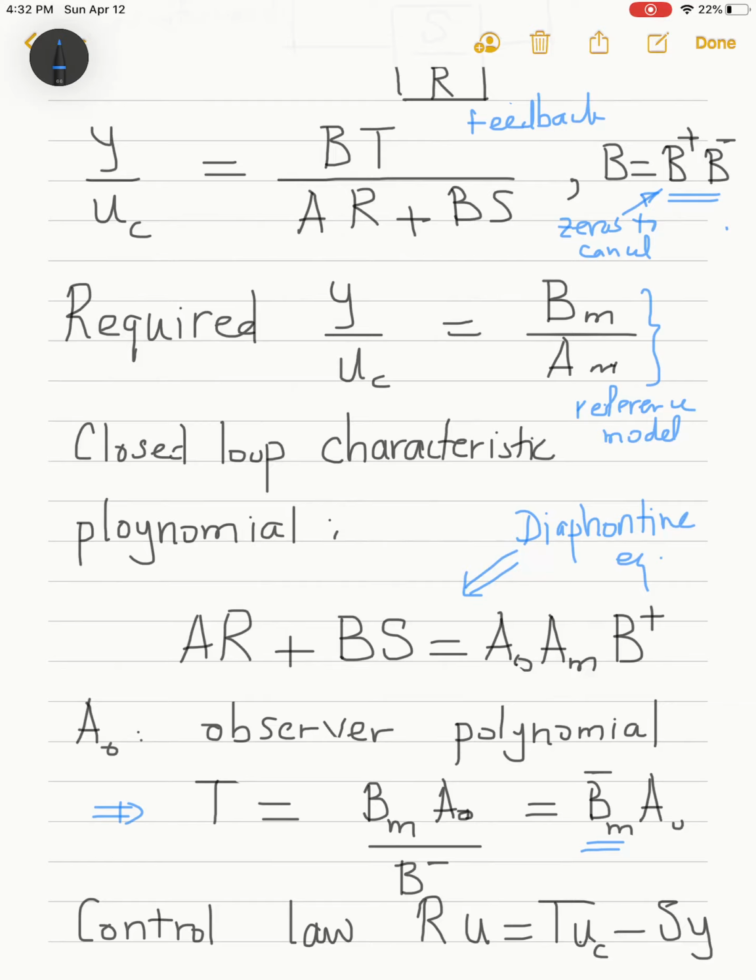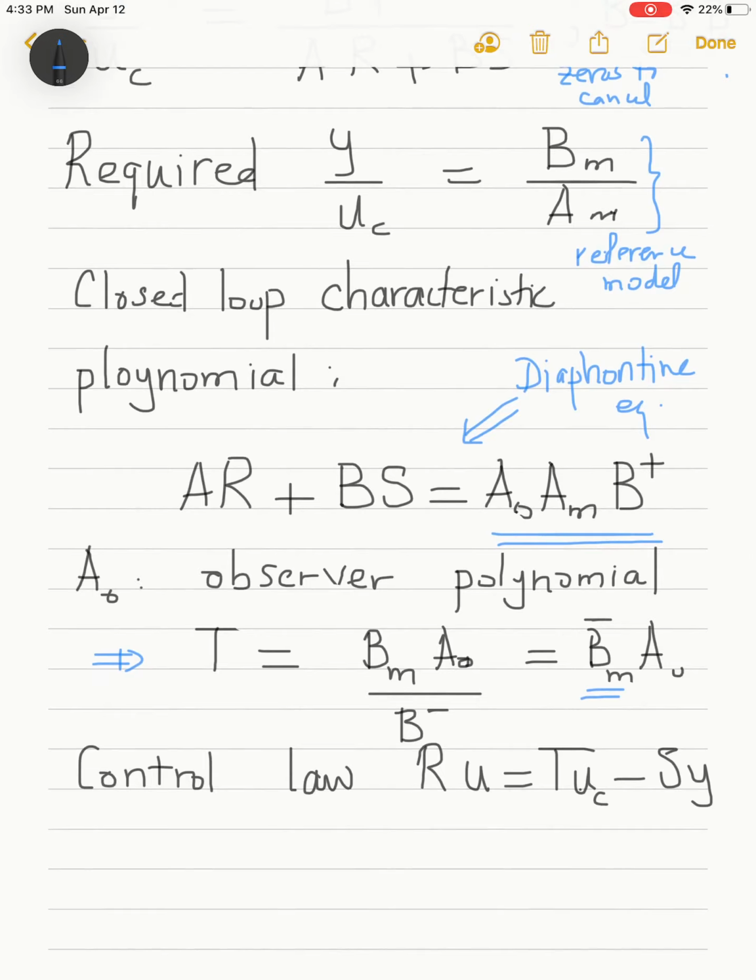Just a hint here, it's clear from the characteristic polynomial that the closed loop poles will be at the roots of the observer polynomial, the poles of the reference model, and the zeros to be cancelled from the original plant. And that means that we cannot cancel non-minimum phase zeros, or zeros that are outside the unit circle, because that will obviously lead to instability.